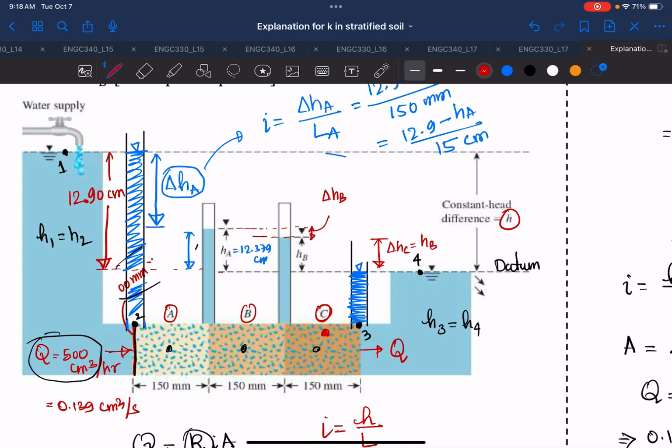So you can solve this problem in two ways. Either you calculate the flow through soil B, which will be delta HB, the head loss, or you can calculate the flow through soil C, which is your delta HC, which is equal to HB. The value will be almost the same.